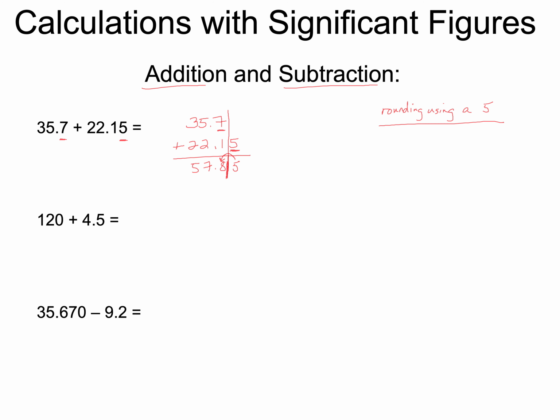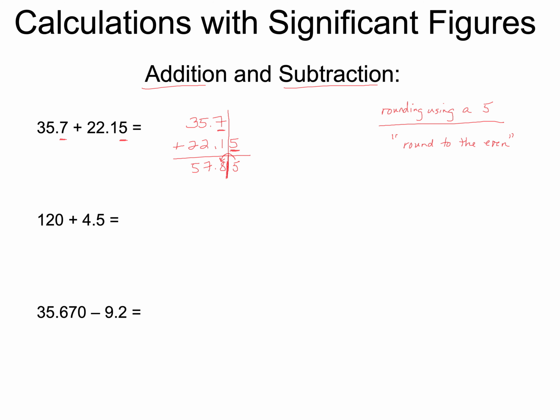It is a little bit different than what you probably have seen in math class. What we typically do is we use this phrase, round to the even. That means that the number before the 5 needs to be an even number. So if it is already even, it stays.